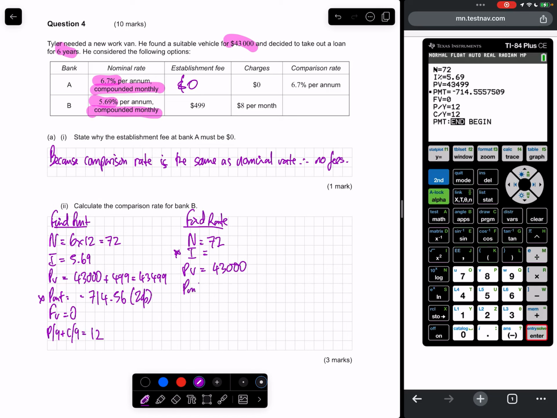But PMT is going to be $714.56 with a further 8 on top, so it's going to be $722.56. PY and CY both 12. $43,000.